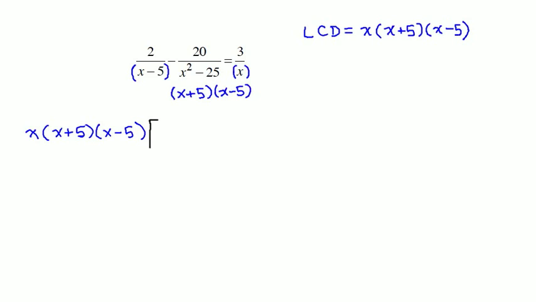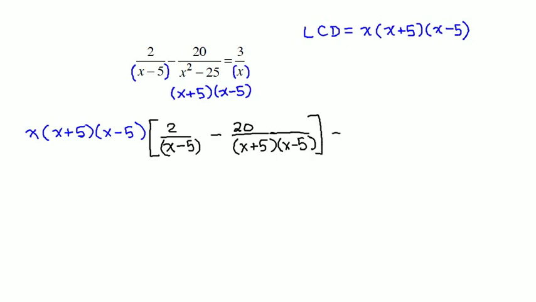So in brackets now I will put 2 over x minus 5 minus 20 over x plus 5 x minus 5 equals, on the right hand side I have 3 over x and then another copy of my LCD.